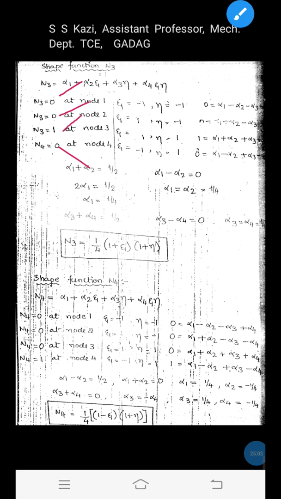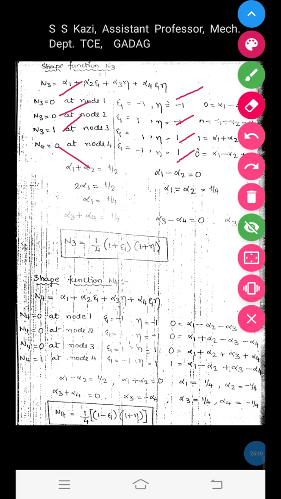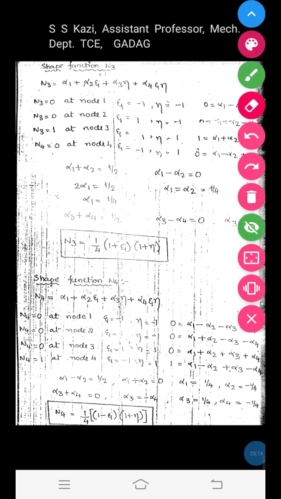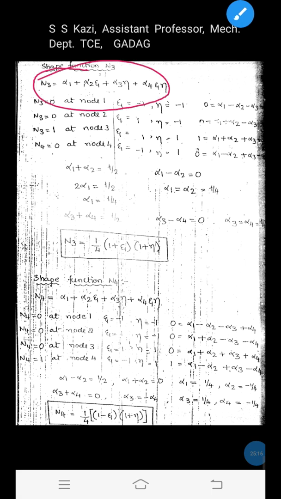And the coordinate values of node 1, node 2, node 3, node 4, we know. All these 4 conditions, if we substitute into the N3 equation, we will get 4 equations to be solved. These are the 4 equations which have to be solved by substituting these conditions. That is 0 is equal to alpha 1 minus alpha 2 minus alpha 3 plus alpha 4 and so on.